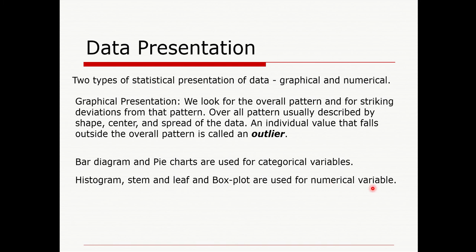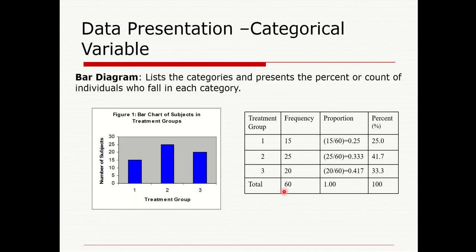I can ask this question, this is a good question in fact. For example, which one of the following can be used for categorical variables? And you will say bar diagram, pie charts, okay? Or which one of them are used for numerical variables: histogram, stem and leaf, or box plot.